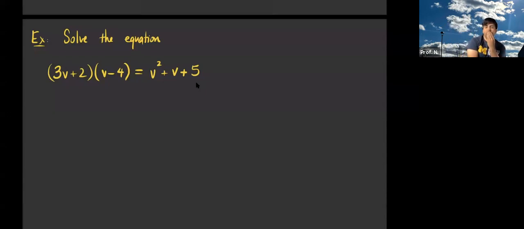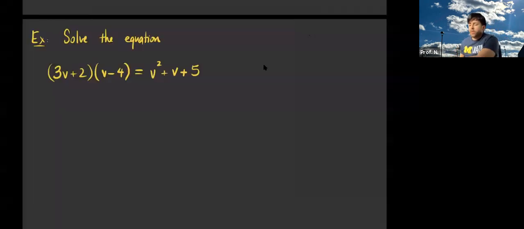I'm going to give you about 4 or 5 minutes to try to solve this on your own. So again, I want to get the equation where one side equals 0, and then I want to see on the other side whether I can factor it or not. So why don't you take your 4 to 5 minutes to do so.